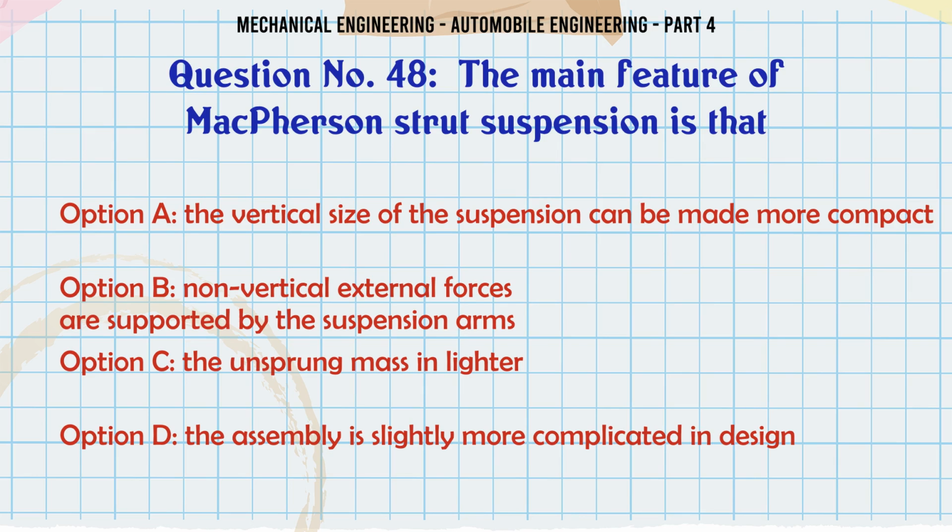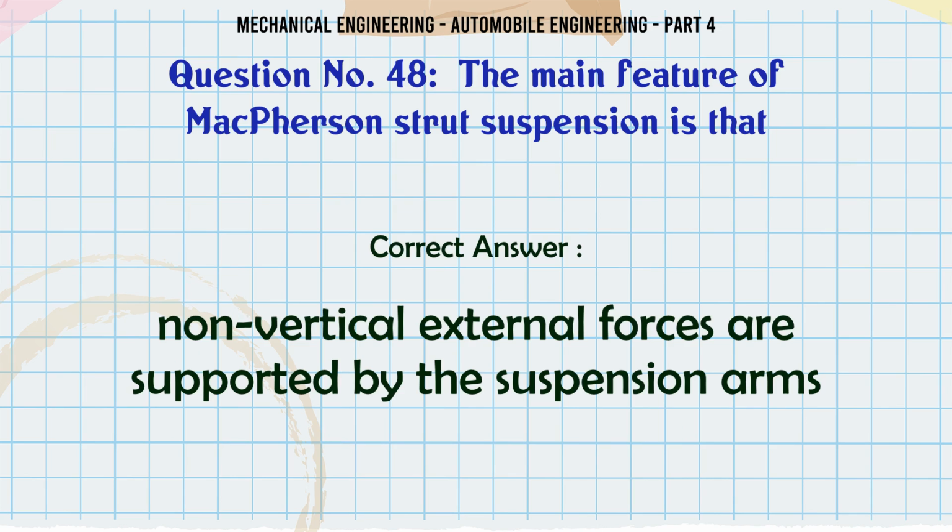B. Non-vertical external forces are supported by the suspension arms. C. The unsprung mass is lighter. D. The assembly is slightly more complicated in design. The correct answer is: non-vertical external forces are supported by the suspension arms.